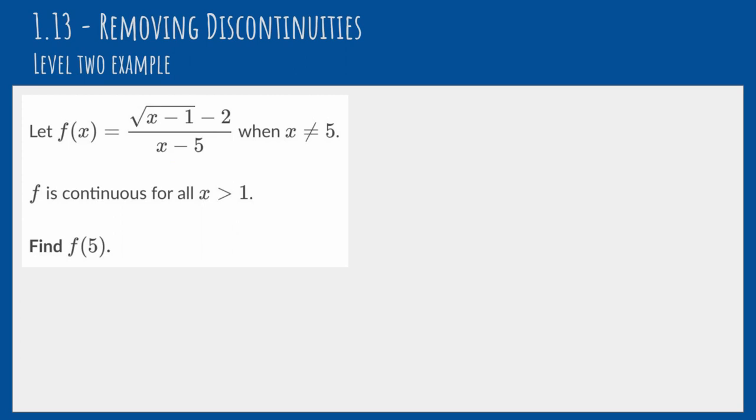Okay, so again, what we want to do is figure out, if we want to know what f of 5 is, that should equal the limit as x approaches 5 of f of x, based on that definition of continuity. So the function has to exist at that point, the limit has to exist, and they have to be equal to each other.